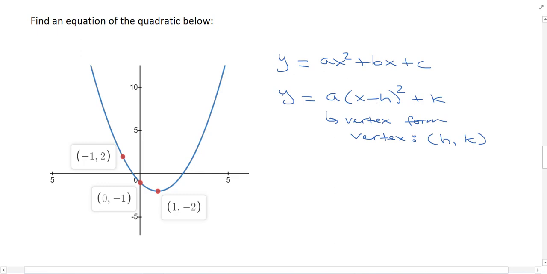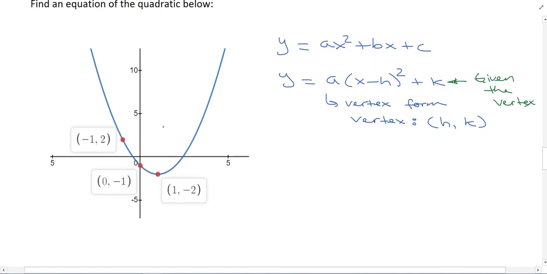So we can use either of these two to find the equation of the parabola. We can only really use the second one if we have the vertex. Otherwise, I can't really use it. If I don't have the vertex, I will use the top one.